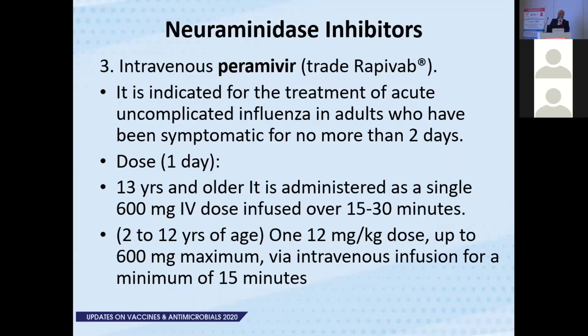If the patient is 2 to 12 years of age, and actually this recommendation is not by the FDA, it is a recommendation that was issued by the American Association of Pediatricians for using peramivir in children below the age of 13. If you use it in this category, you will dose it according to the weight of the patient. You give one dose of 12 milligram per kilogram once daily if the patient is below the age of 12 years.